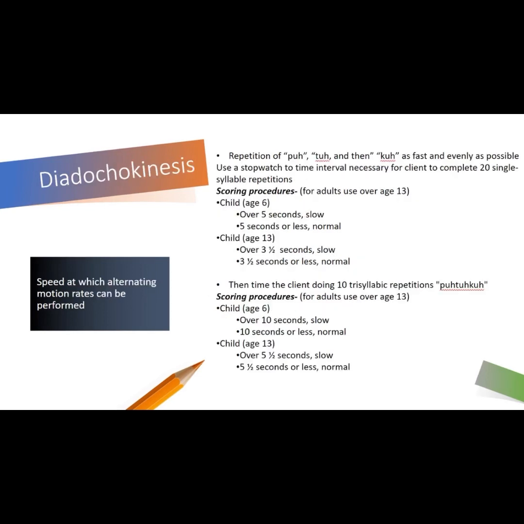Diadokinesis is the repetition of p, t, and k as fast and evenly as possible. Time the client and see how long it takes them to complete 20 single-syllable repetitions. After they have completed the p, t, and k, have the client do 10 trisyllabic repetitions, p-t-k. The client should be instructed to complete these tasks as clearly and fast as they can.